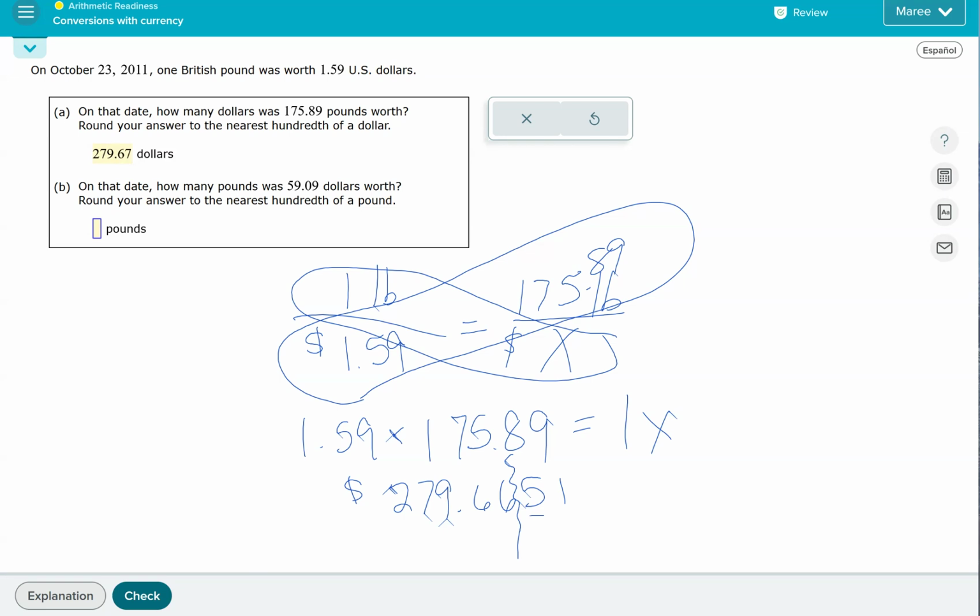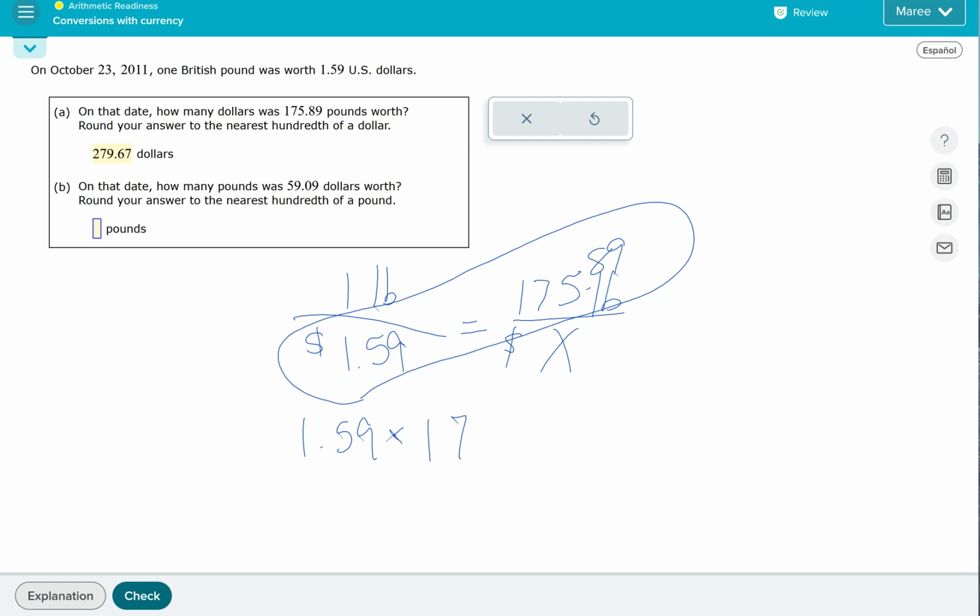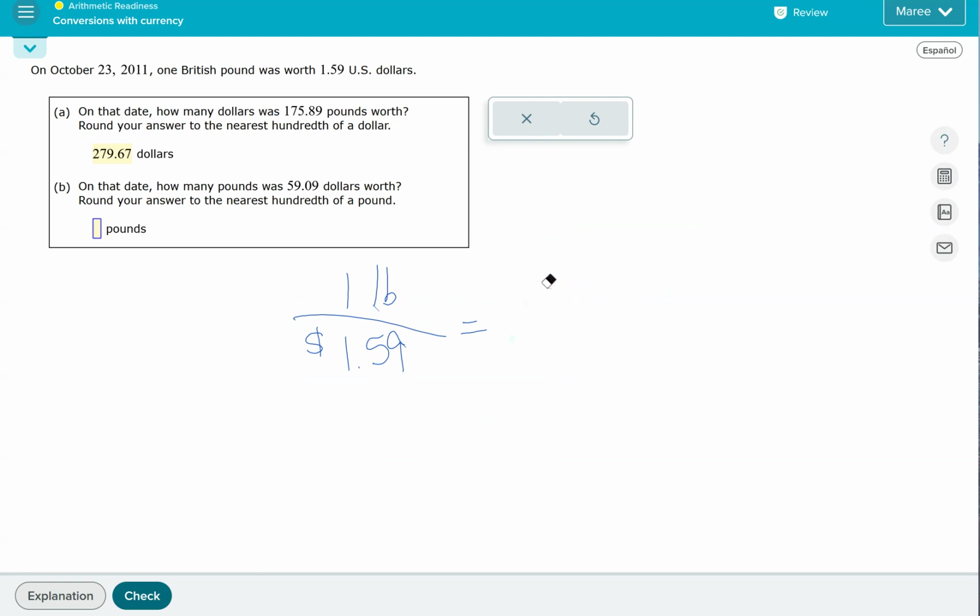Okay, so then on the second problem, we're going to keep our original ratio. In this problem, they give us the dollars and they want to know how many pounds.